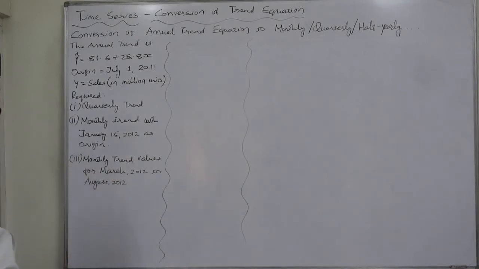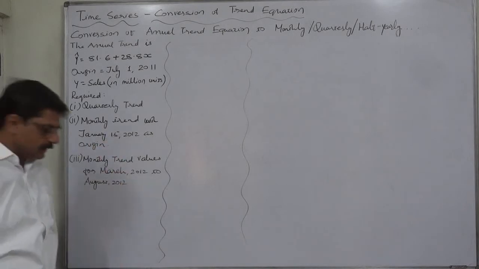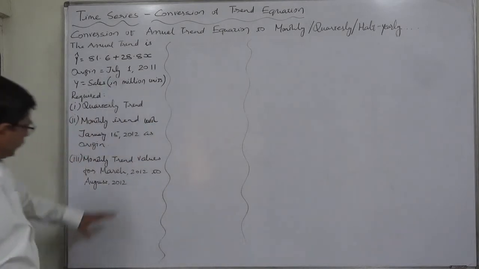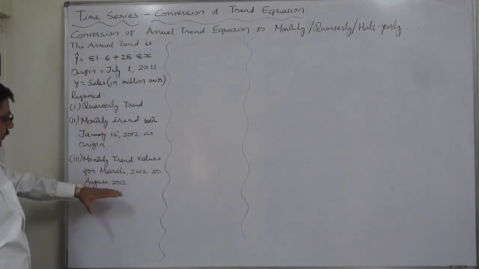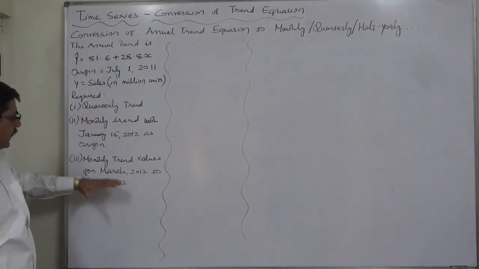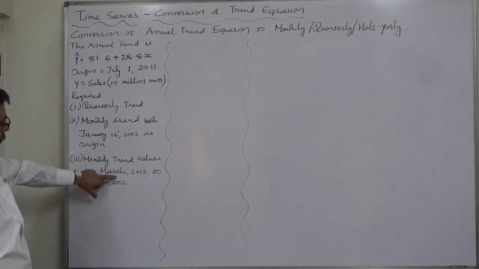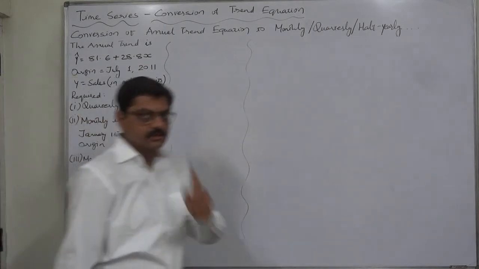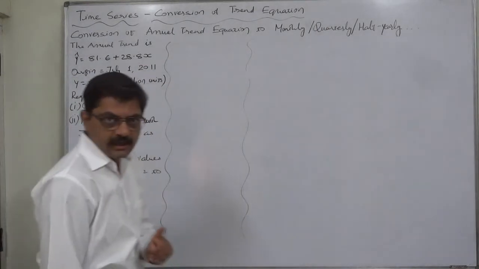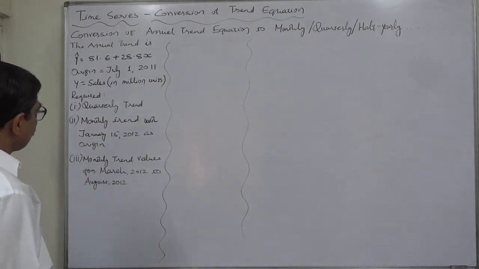Because we need monthly trend values, we have to use the monthly trend. And since there is no specific date for these months, it will be advisable to find the trend values for March 15, 2012 to August 15, 2012, as there is no specific information about the date of origin. Okay, let's first find out the quarterly trend.